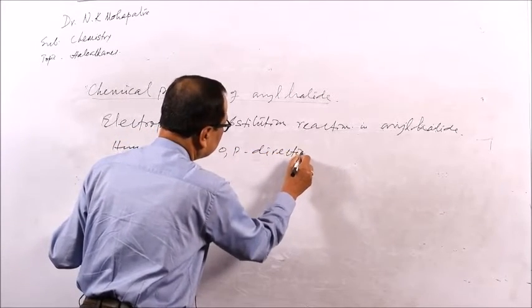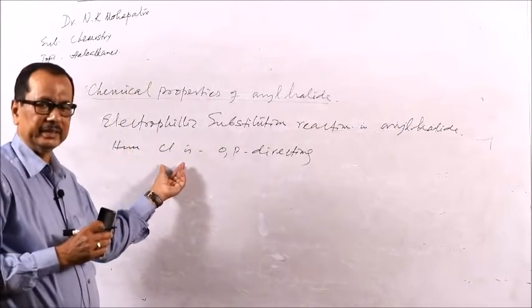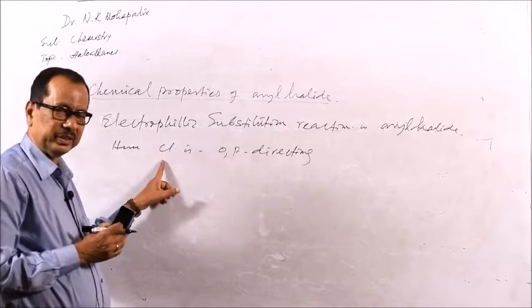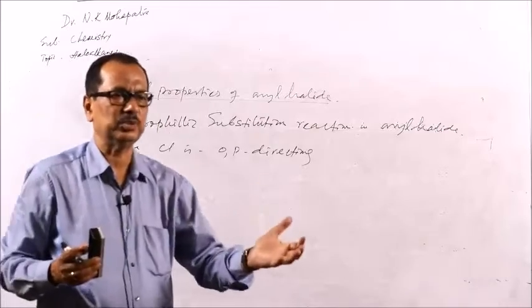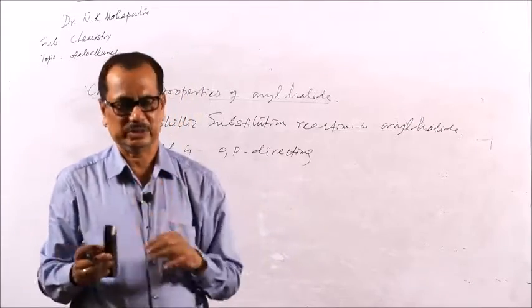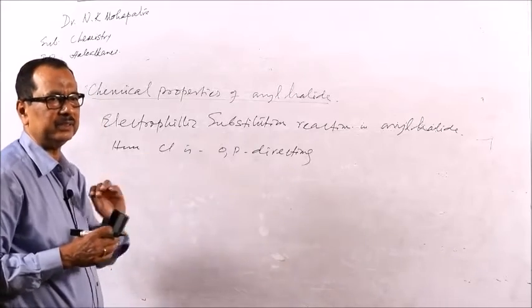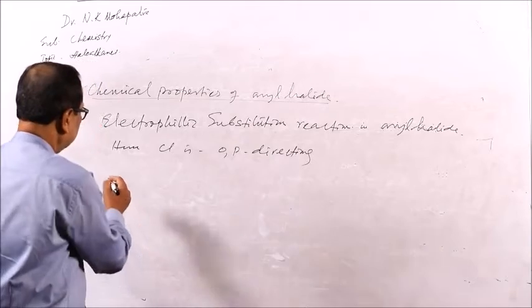In your first year classes, you must have read the orientation in benzene ring. Chlorine atom is the electron donating group. All the electron donating groups are ortho-para directing. That means they direct the second substituent into the ortho or para position.